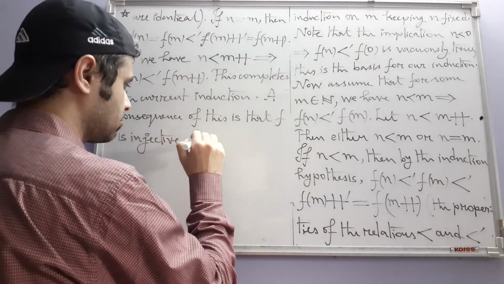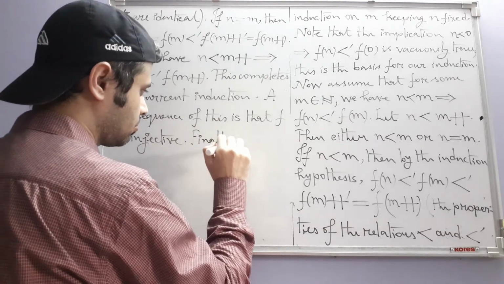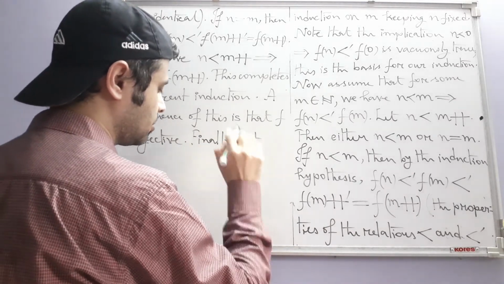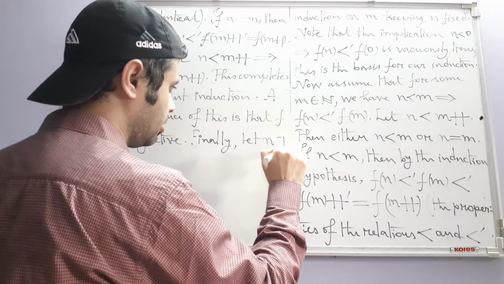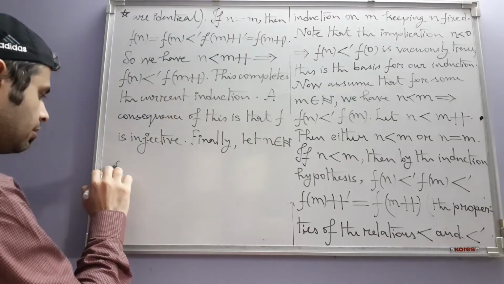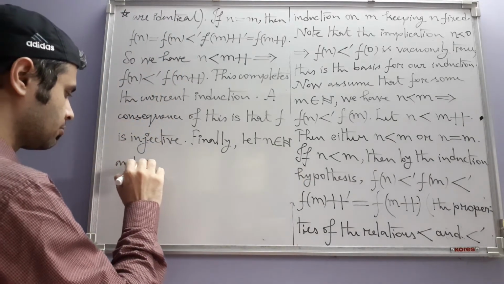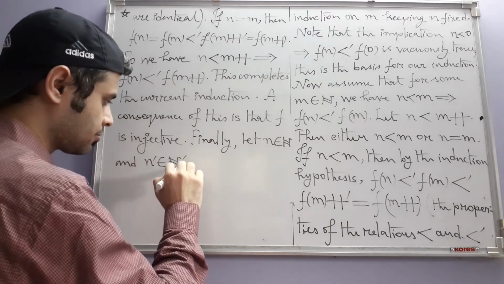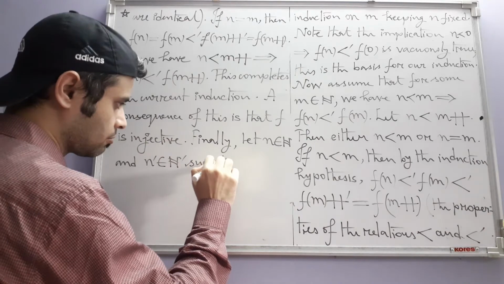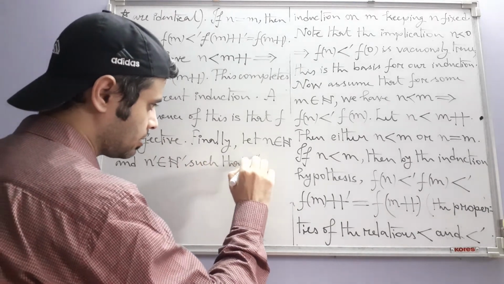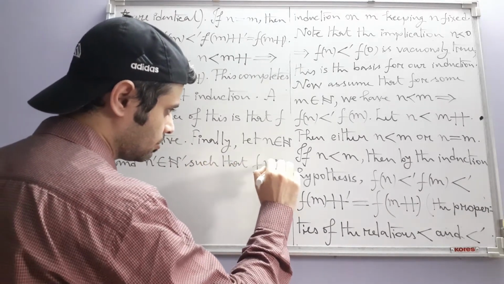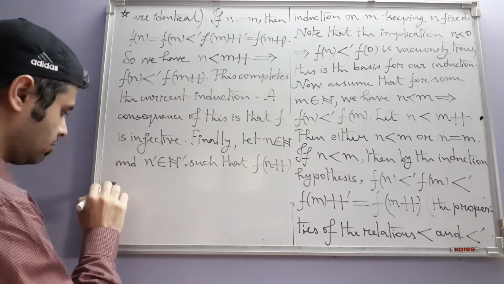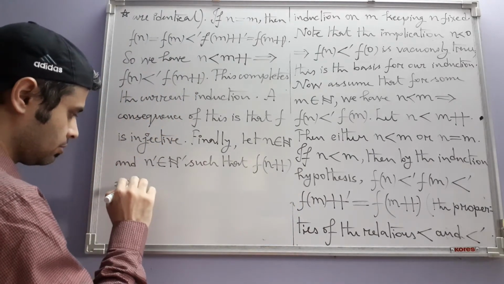Finally, let n be a natural number and n prime be an alternative natural number such that this is equal to this.